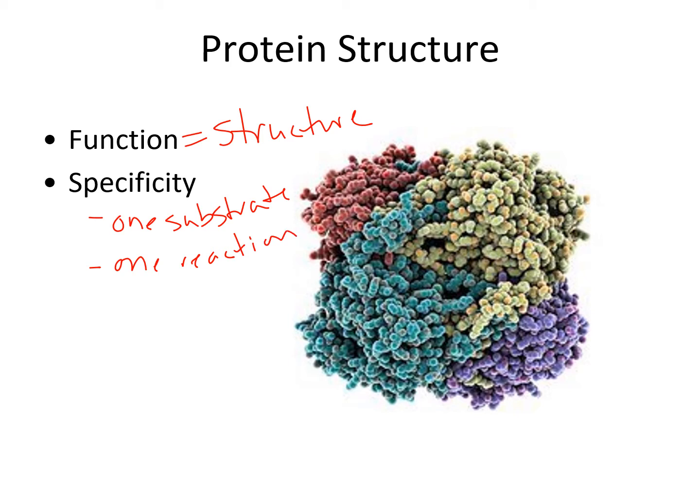So if you have an enzyme that recognizes starch and can break down starch, causes a catabolic reaction to starch, then that enzyme will not be able to add glucose to starch. It would not be able to catalyze an anabolic reaction with starch. So each enzyme will bind only one type of substrate and catalyze one type of reaction.